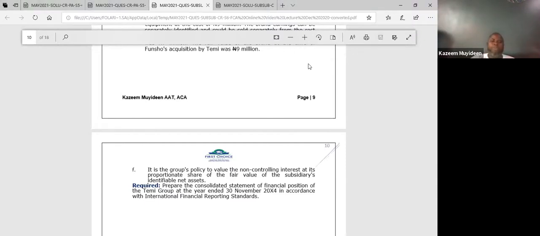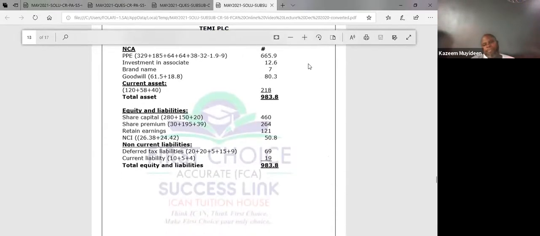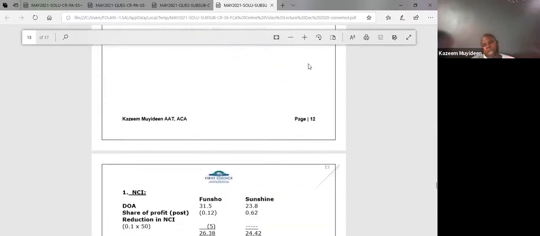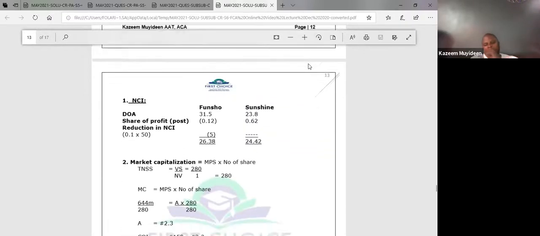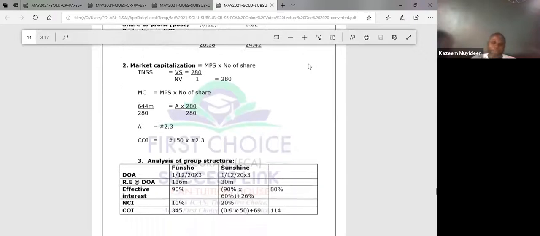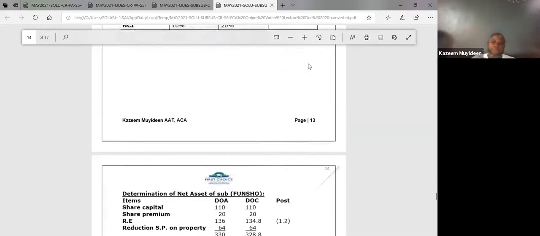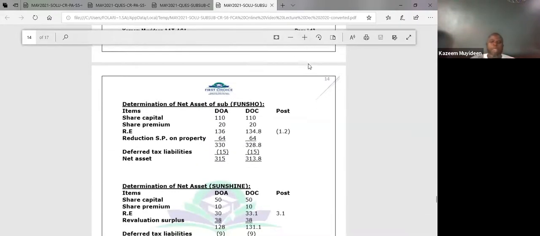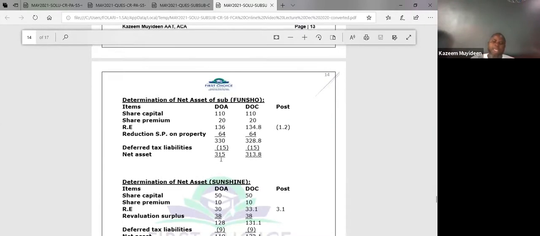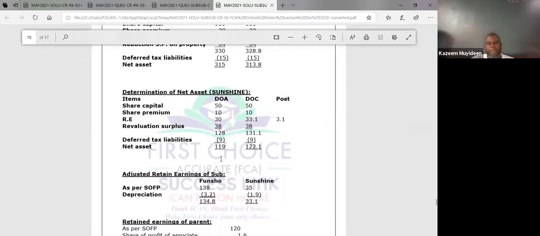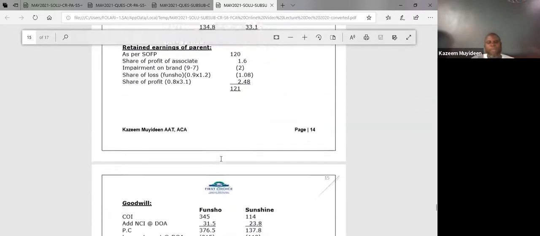Okay, I can go and calculate my goodwill. The net assets is 315 after removing the business liability. 10% of 315 for the goodwill, that's 31.5.